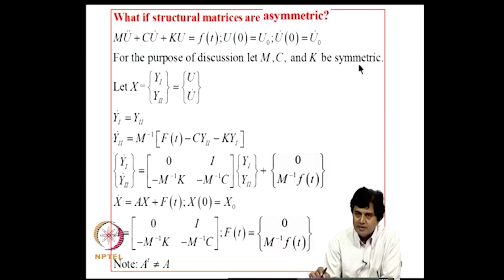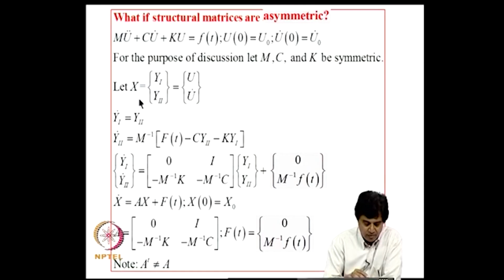But now I will introduce a new coordinate system wherein, in the transformed coordinate system, the matrices become asymmetric. So suppose I introduce a vector x in terms of y I and y double I as u and u dot. So y I dot, which is u dot, is y double I. Similarly y double I dot is u double dot, which I can derive from the equation of motion.